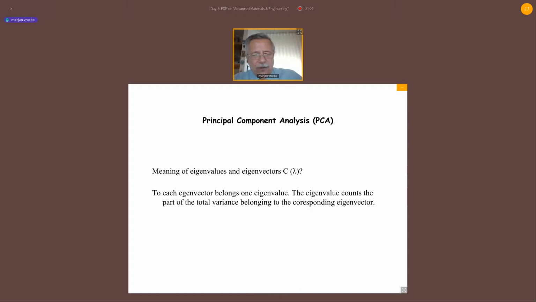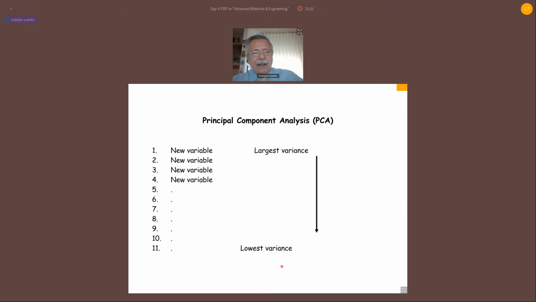How these eigenvectors are organized and what is the meaning of eigenvalues? From matrix algebra, we know that each eigenvector has one eigenvalue, and those eigenvalues count the part of the total variance. So if I have, for example, 10 new variables, they are organized according to the variance.